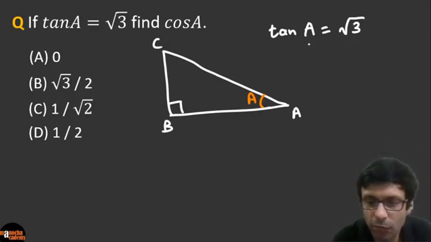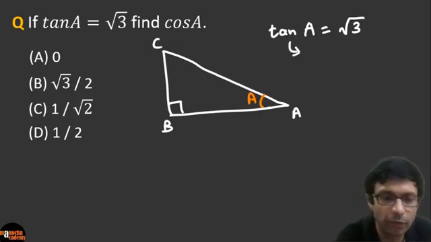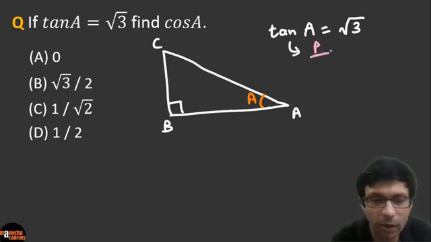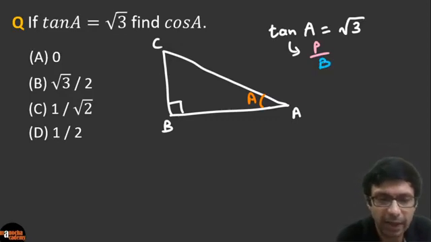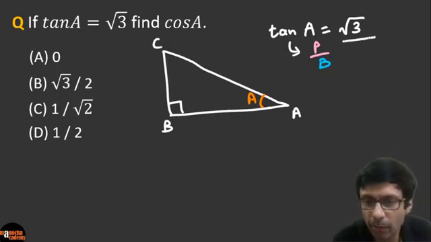Tan of A is defined as, so this trigonometrical ratio is perpendicular by the base, right? Okay, so we can say that this is root 3 by 1, right? So we can take our perpendicular as root 3 and the base as 1.